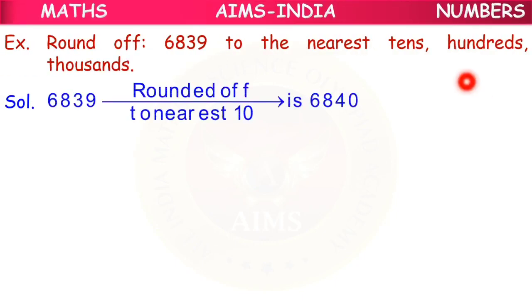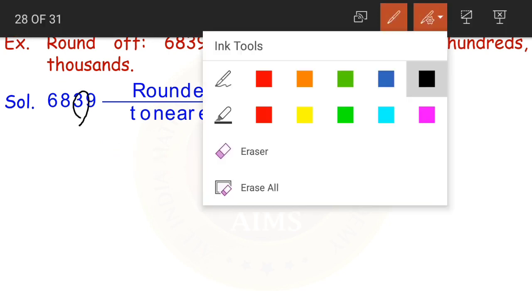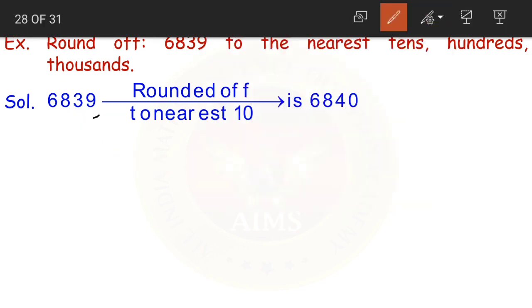Now in this question what we'll do is, we are taking a single number and rounding off to the nearest tens, hundreds and thousands. All the three. What is the number? The number is 6,839. Firstly, let us round off to the nearest tens. What is the rule? Check the number in ones place.